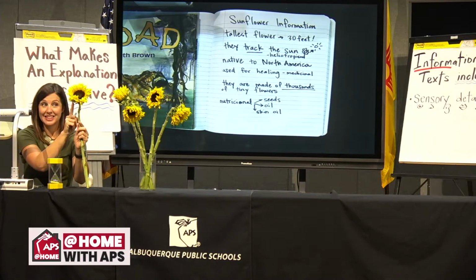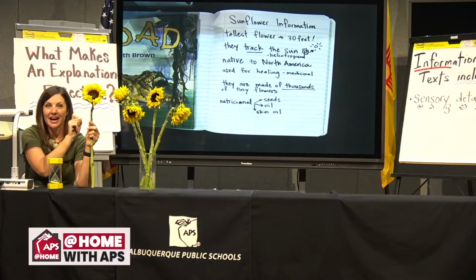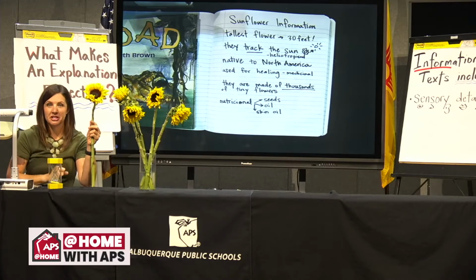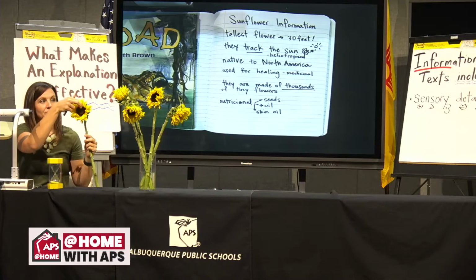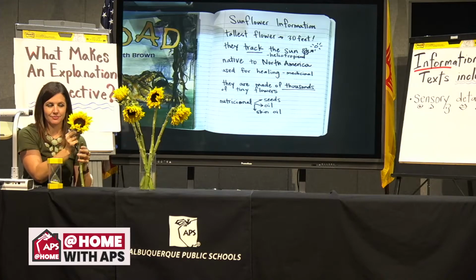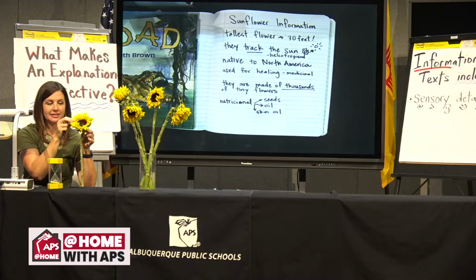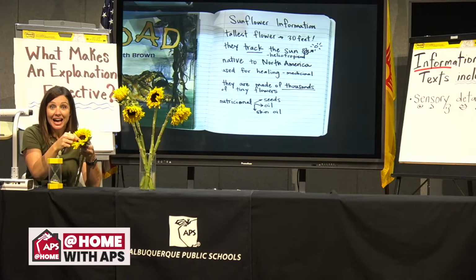Did you know that this sunflower has thousands of tiny flowers in it? Yeah. Right here, this outer layer of petals, also known as rays, covers tiny flowers inside.